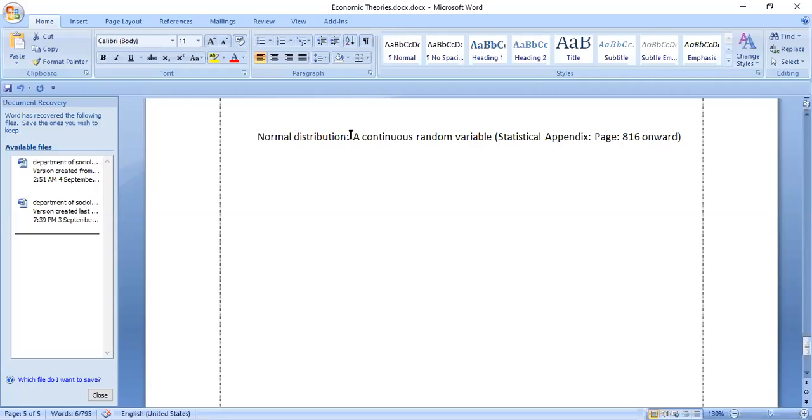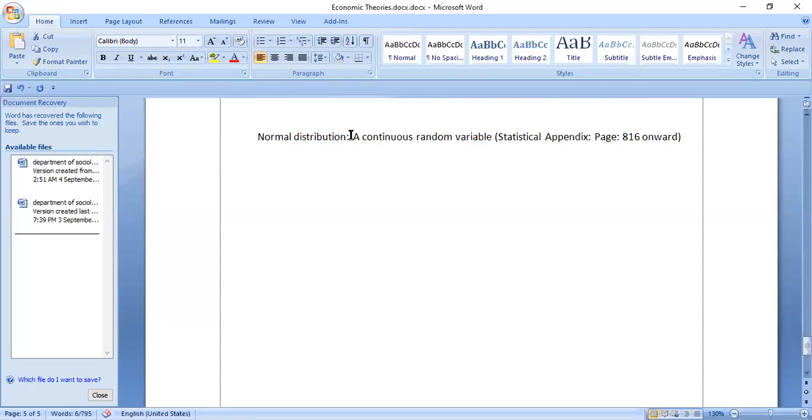It's called the normal distribution. It's a distribution of a continuous random variable, and so it has a density function.